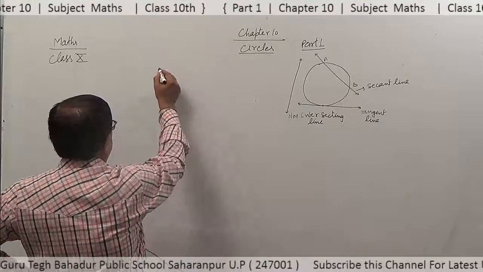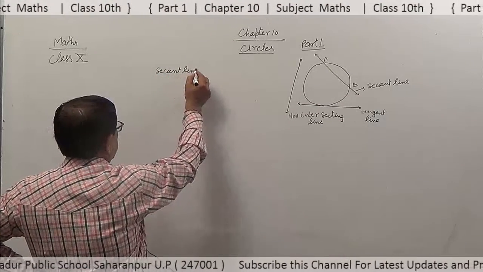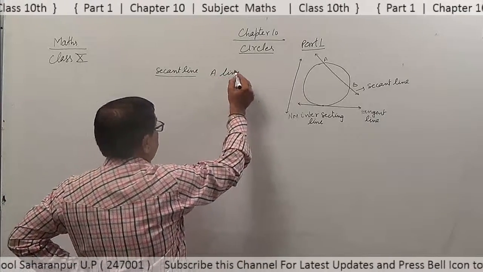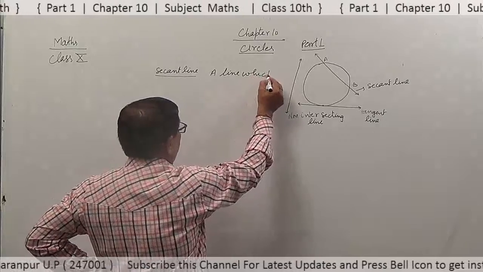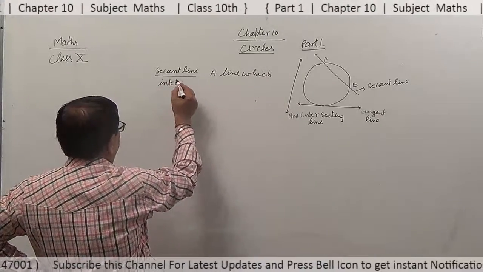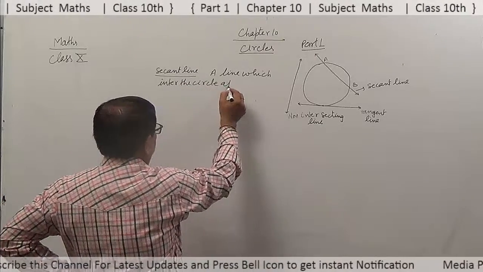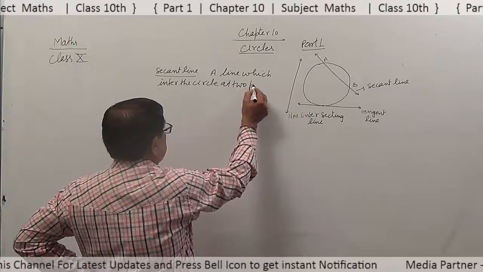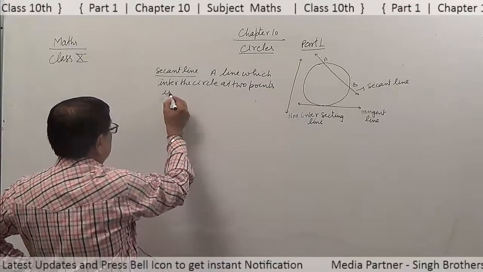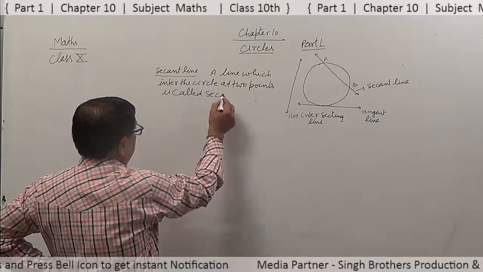So, secant line: a line which intersects the circle at 2 points is called a secant line.